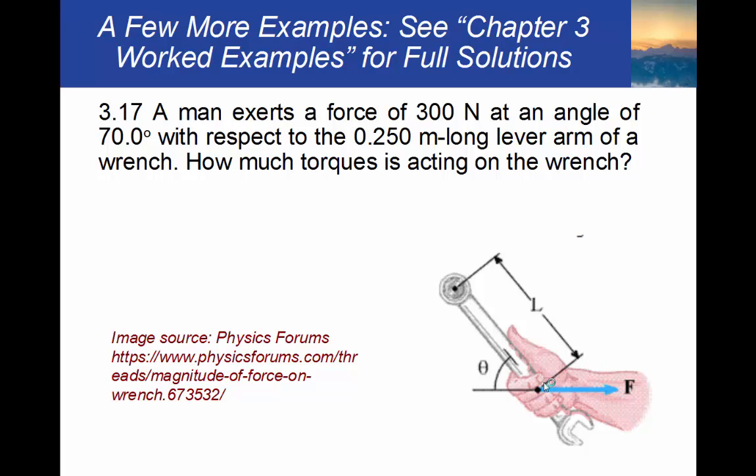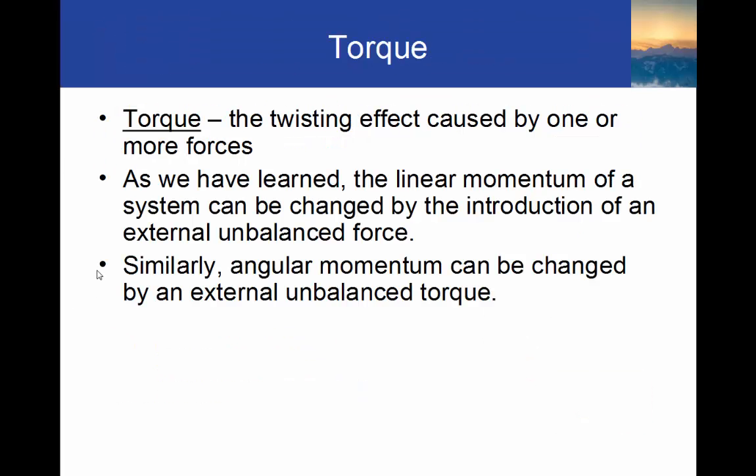You know, you have to pull maybe a little more of an angle to get to 70 degrees. If you were to pull straight this way, it'd be 90 degrees. So this right here, if this is 20 degrees, then it counts actually as being almost a 70-degree angle. The question is, how much torque is going to act on this wrench?